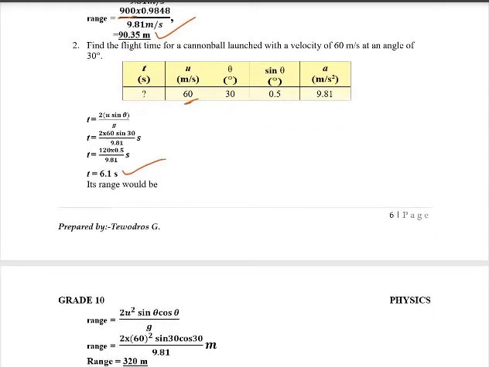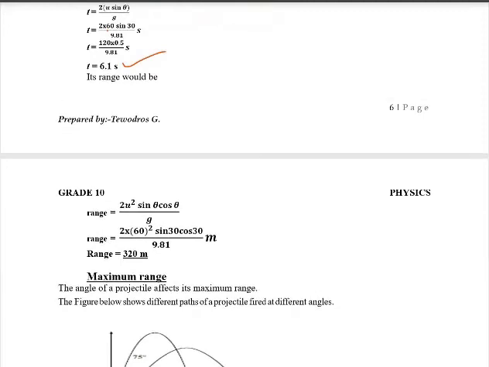If you are asked to determine the range, it is equal to twice u square sine theta cos theta over g. You can use the first equation, that is twice u, which is 60, squared, times sine 30 cos 30, and finally when you multiply and divide by 9.8, you can get 320 meters.